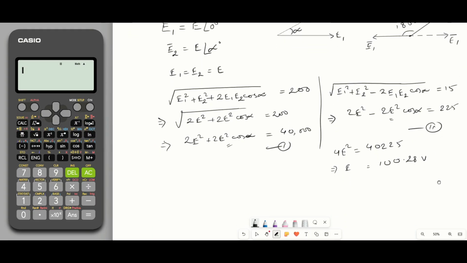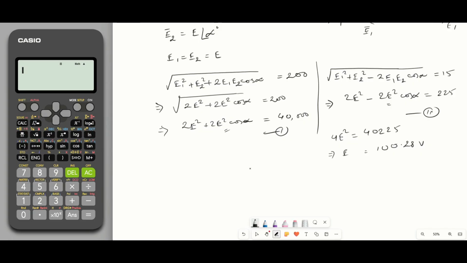Now we want to determine the value of the angle. To get the value of the angle, just consider one equation and put in the value of E. So 2E square plus 2E square cos alpha equals 40,000. After putting in the value of E, 100.28, we get 20112.5 plus 20112.5 cos alpha equals 40,000.